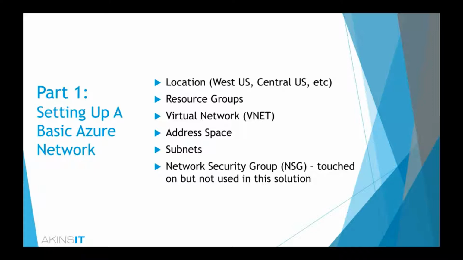So I'm mainly going to touch on this just to show what that process looks like. And typically in a deployment where you are not using a NG firewall appliance to secure the environment, you're leaning completely on these network security groups to secure your network.